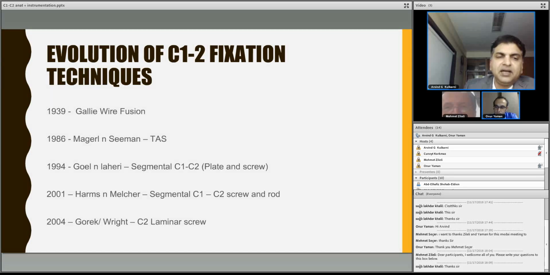This was later modified by Harms and Melcher. This was in 2001, almost 10 years after Goel's description, that Harms and Melcher adapted the same technique with small variations in the entry point. The only difference was they did not use a plate.